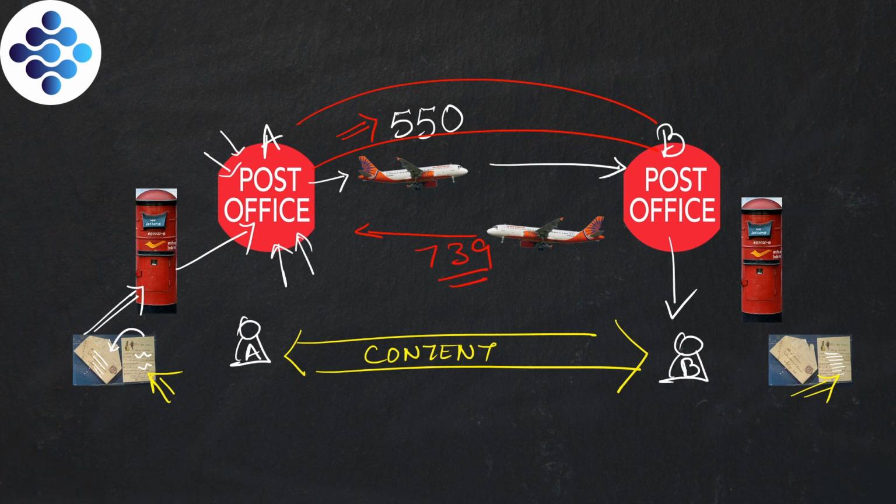So whatever communication is going on between post offices is for their administrative part. They are not at all interested in what the content of that letter was, whether it was a resignation letter or an invitation letter. No, they are not interested in the content. They are interested in how to deliver this information from one point to the second point. So there are two types of communication going on.